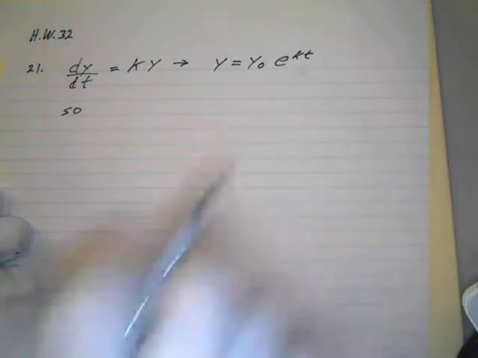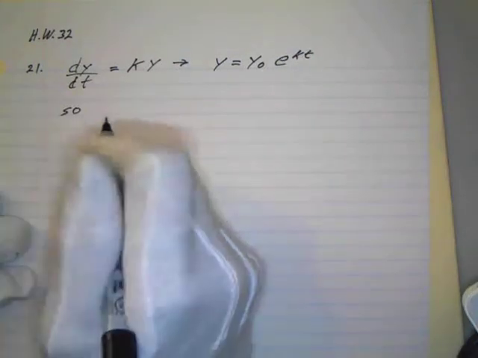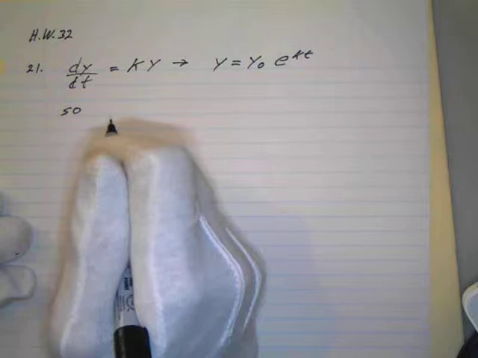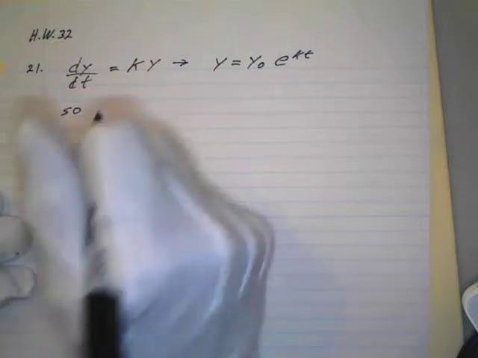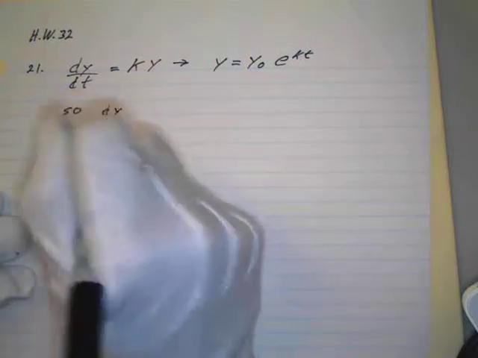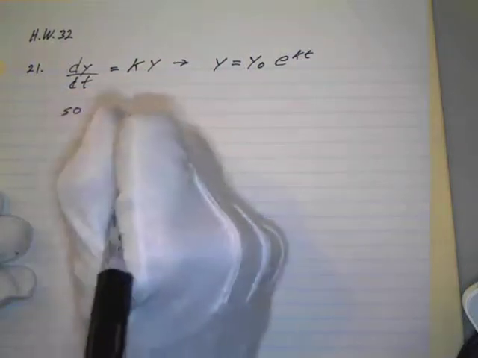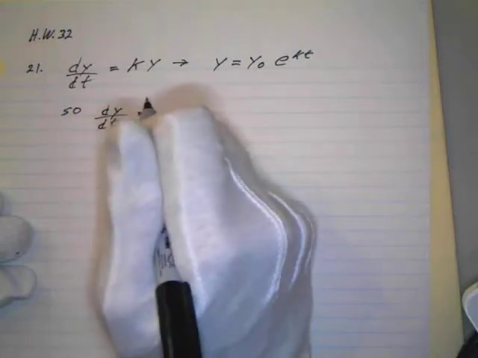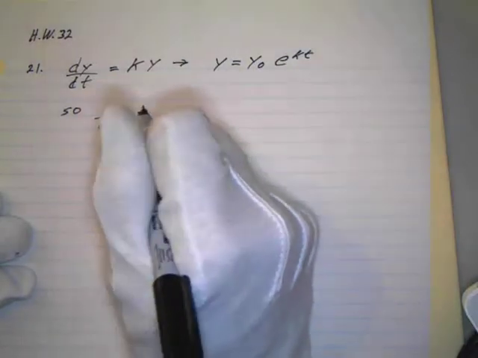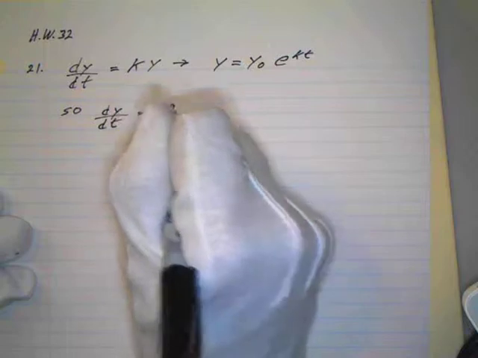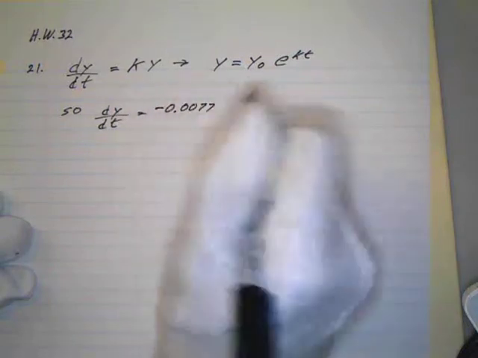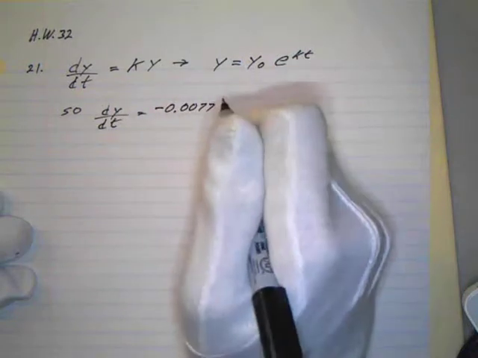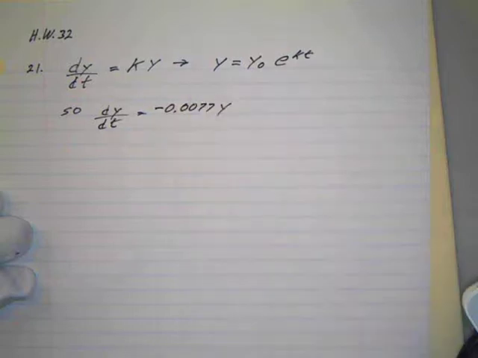And this is your k. What we have over here is they gave you the differential equation for number 21, so they said that dy/dt is equal to negative 0.0077y.